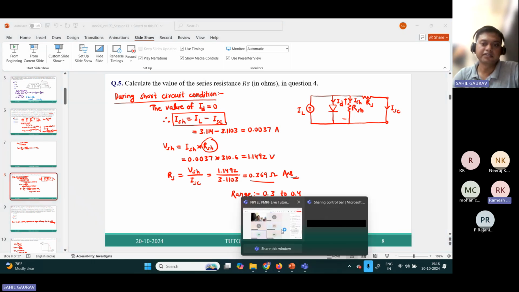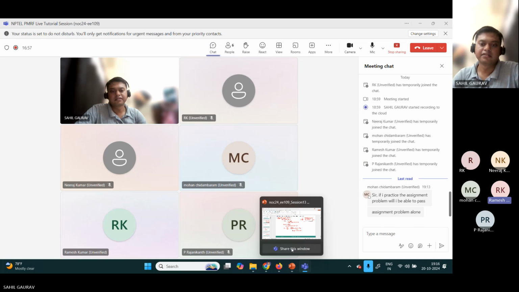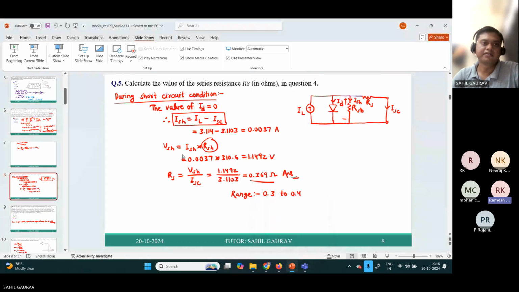In the exam there are theoretical and objective type questions. This type of question we can solve thoroughly step by step, or we can put the answer directly.